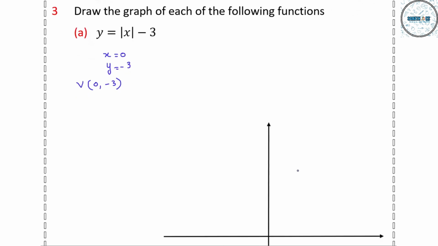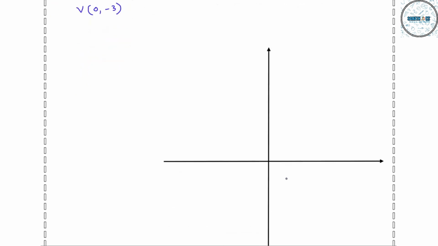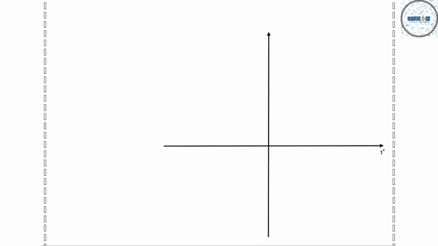Let's mark this vertex on the grid. We have here x, we have here y. We can mark the points here 1, 2, 3, and we can mark here -1, -2, -3.